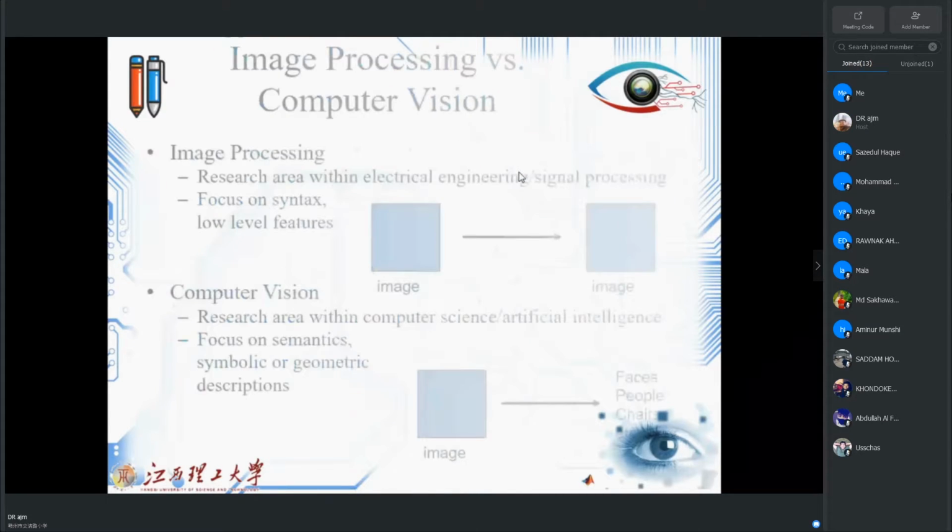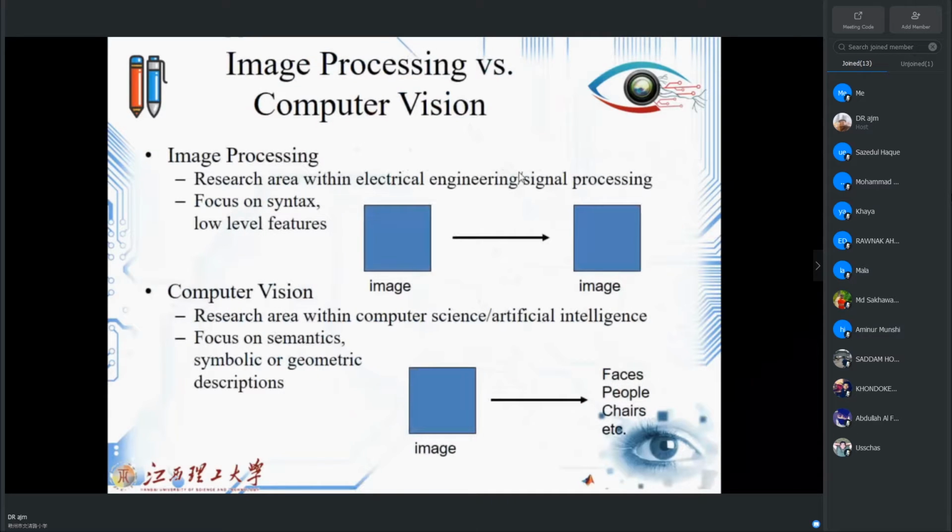There is something that I think, let me make it clear exactly in this first lecture. Maybe some of you say, what's the difference between image processing and computer vision? Okay, let me make a clear border between these two subjects.